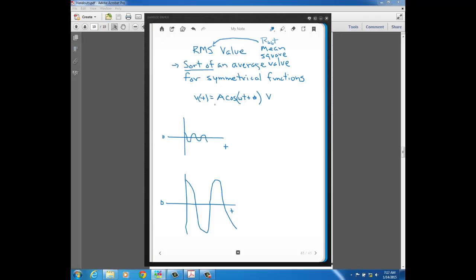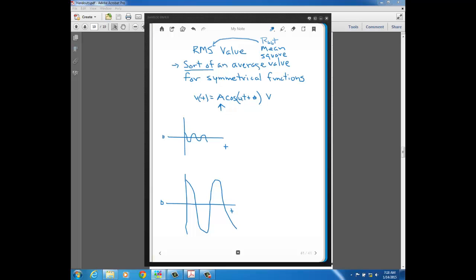One way to describe the magnitude of a sinusoidal signal is with its peak value or its amplitude, which is this A value here. Remember, this is the value from either the positive peak to the center point or the negative peak to the center point. Then you also have peak to peak, which is from the positive peak to the negative peak. And we can get the value of this waveform at any instant in time, right?